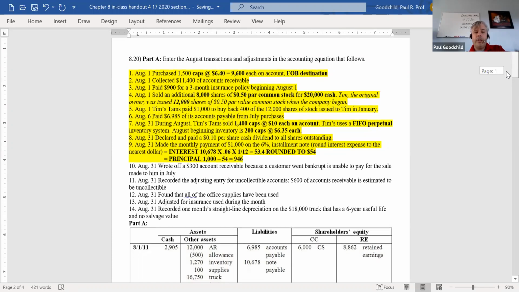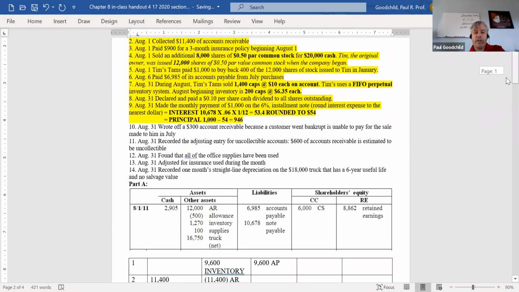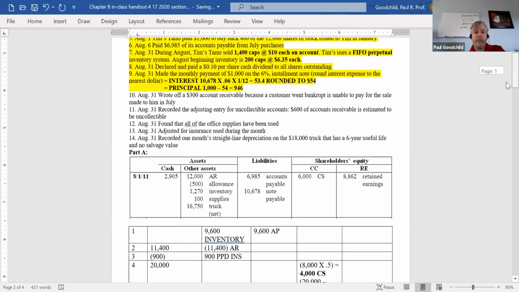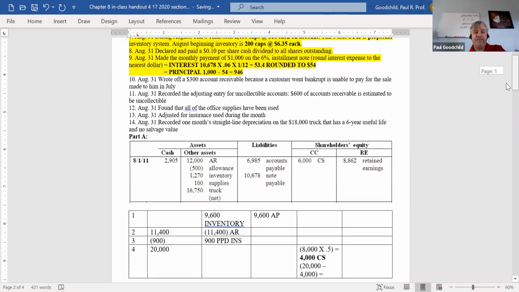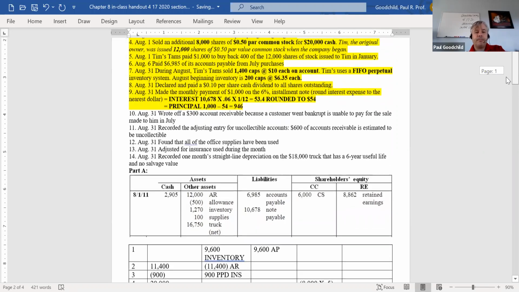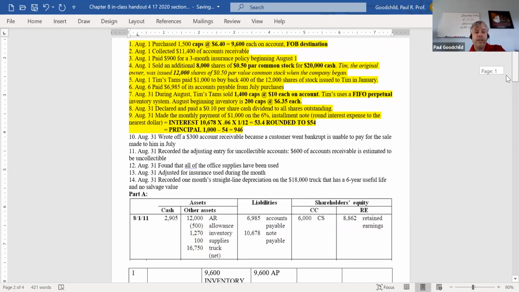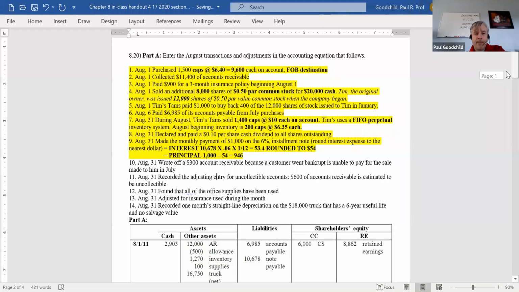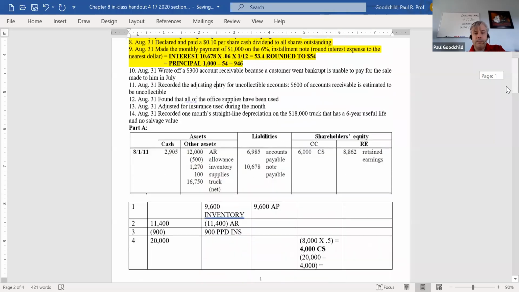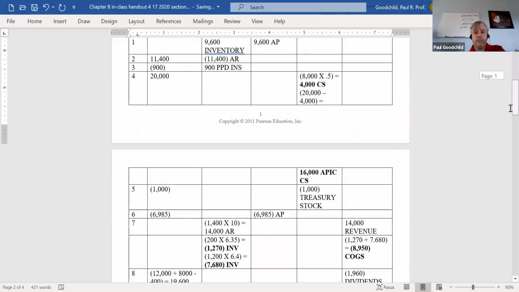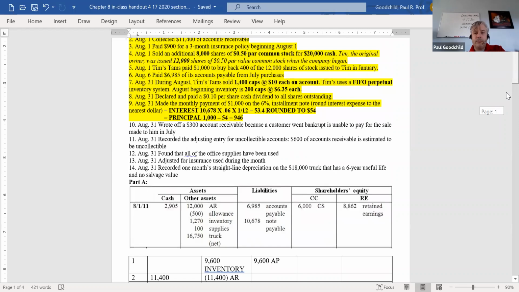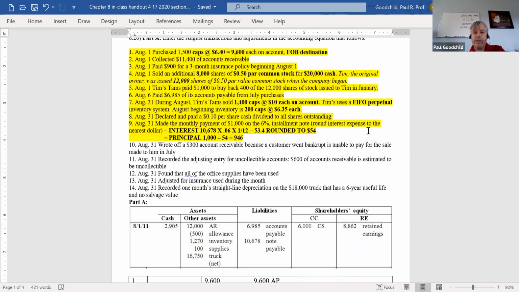Wrote off $300 accounts receivable because the customer went bankrupt and is unable to pay for the sale made to him in July. Had a question, but round up and not down in that scenario. Let me make sure I read that. It says round interest expense to the nearest dollar.